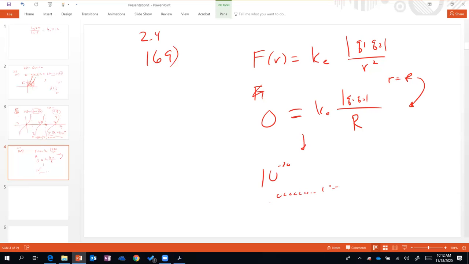So when little r is not quite as big as R, or maybe it is the same thing, then the force is not actually 0, it's a very small number. And what we're trying to figure out is what's the value for R to make the system continuous?